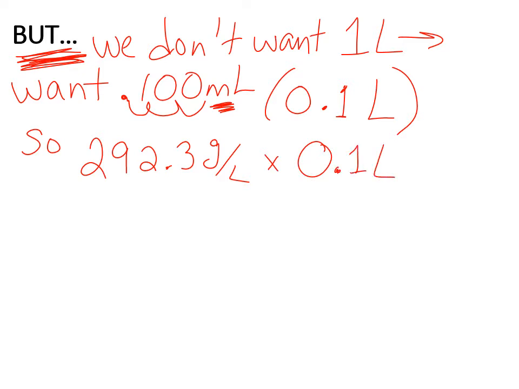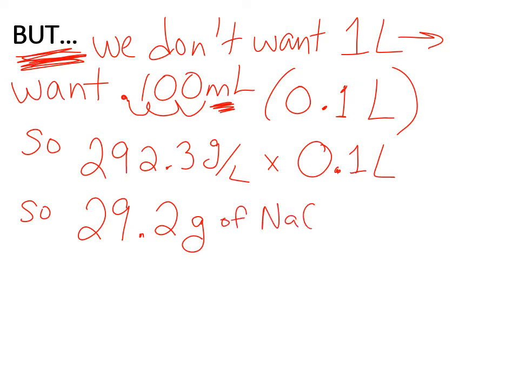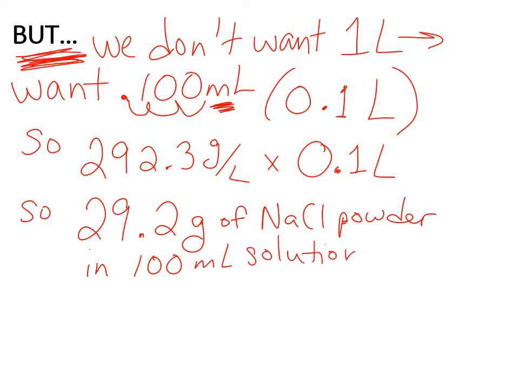Okay, so the final answer would be, in order to make our 100 ml of a 5 molar NaCl, we would need 29.2 grams of NaCl powder in 100 ml solution, to make 100 ml of 5 molar, okay?